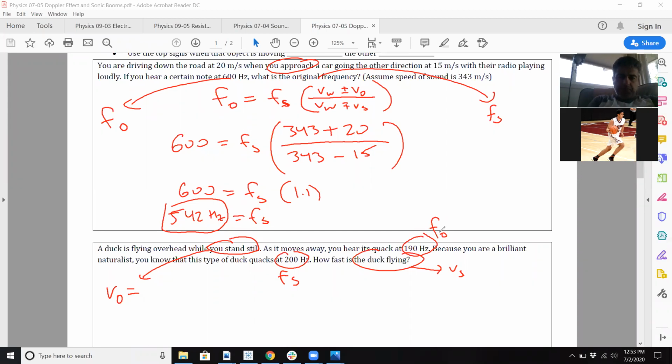And we'll use VW equals 343. So remember, FO. Now it's going away from you, so use the bottom signs now.